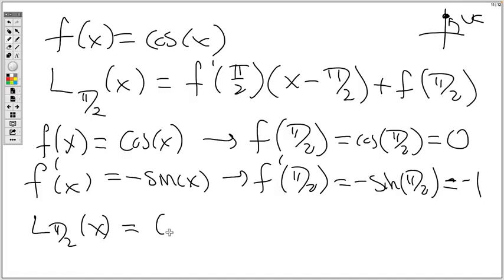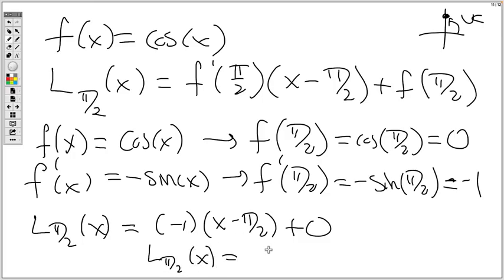F prime at pi over 2, negative 1, times x minus pi over 2, plus f of pi over 2, which is 0. So we can simplify here, distribute that negative. It's minus x plus pi over 2, or pi over 2 minus x, depending on how you want to think about it.